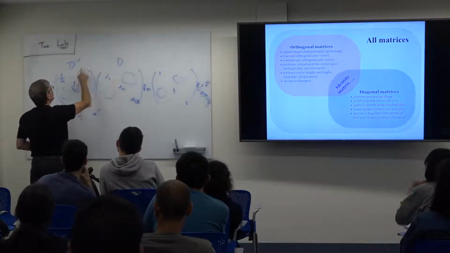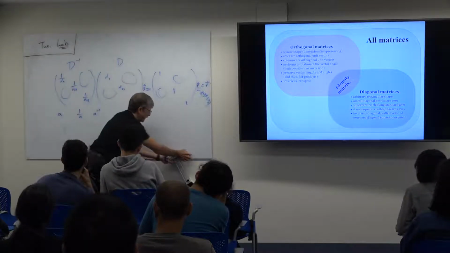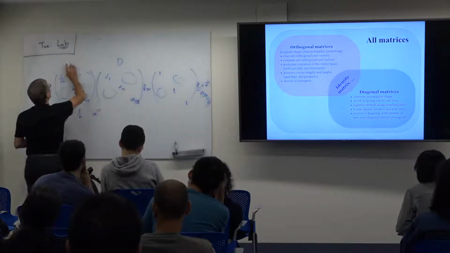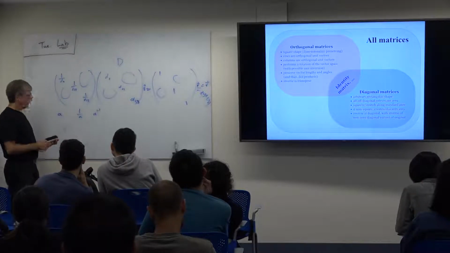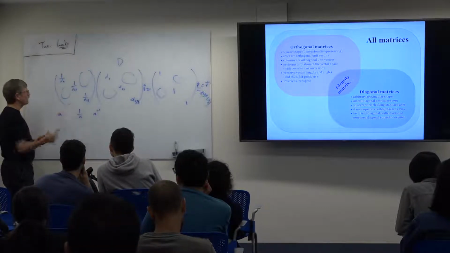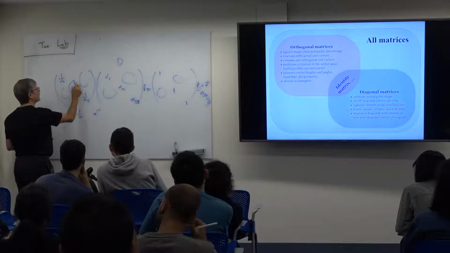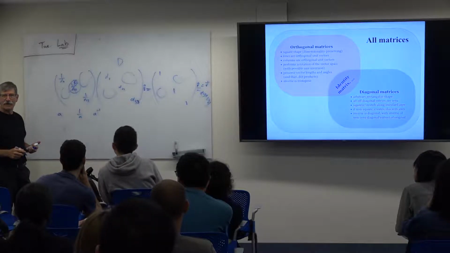this is D, this is D inverse. But suppose I want to invert it, but occasionally some of these entries over there were 0. So let's say D22 is 0. Well, then I can't do this. So I don't do this. I just stick a 0 there because there's nothing I can do about it. Okay?